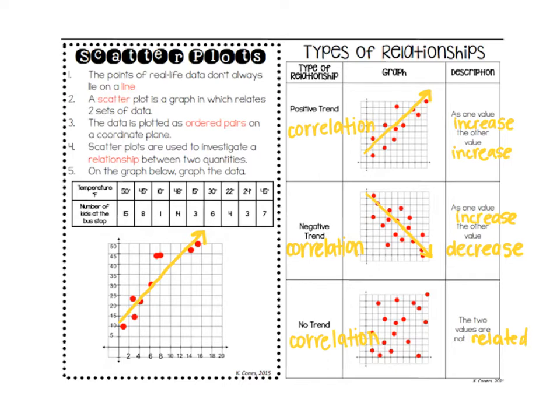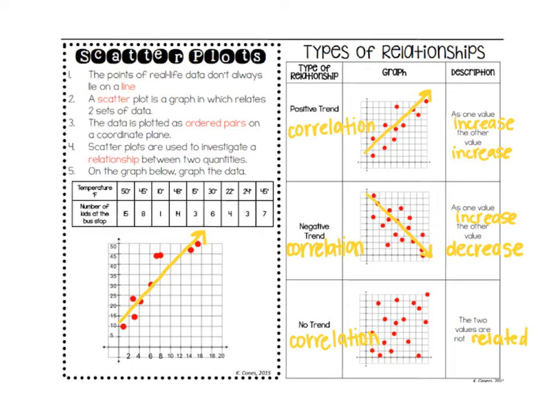The other thing I wanted to quickly discuss is the strength of your scatter plot. The closer your points are clustered together, the stronger the relationship is. That strength comes from how compact your points are, how close they are to actually making a line.